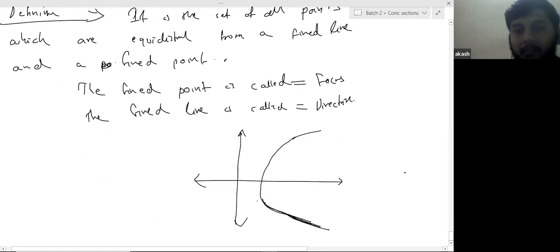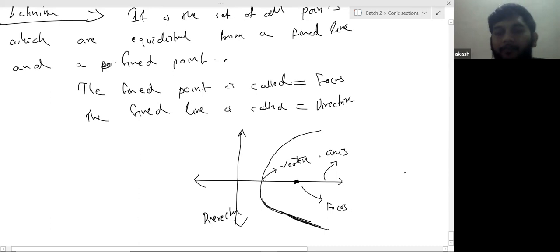Otherwise, it's completely symmetrical. Draw this diagram.